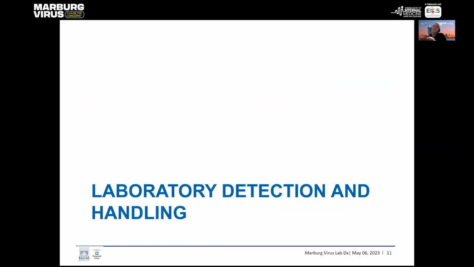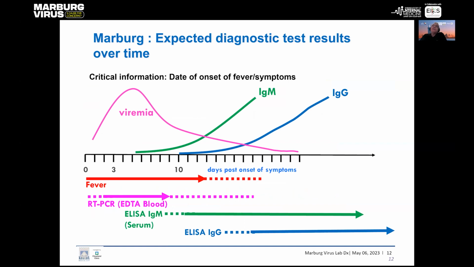This is a short screen of how Marburg goes, and we have viremia, which we will diagnose with EDTA blood, and then later the antibodies come up. Nothing surprising here.